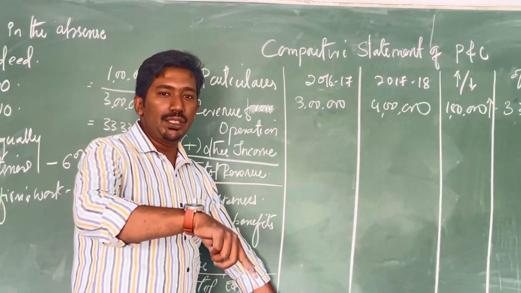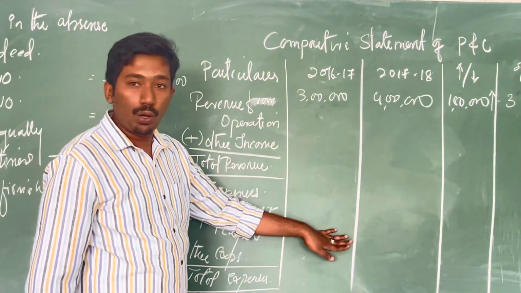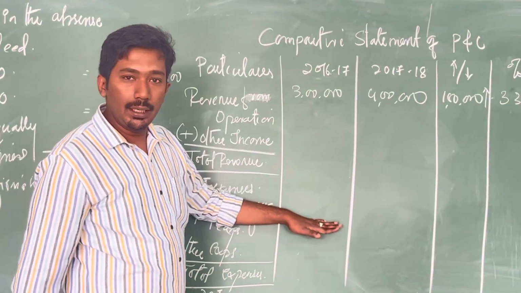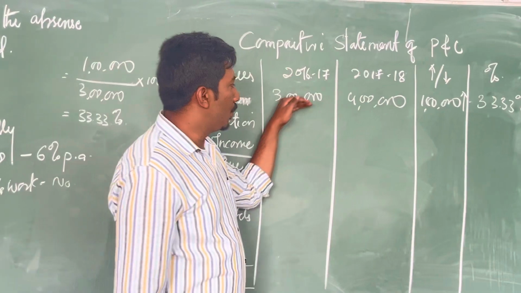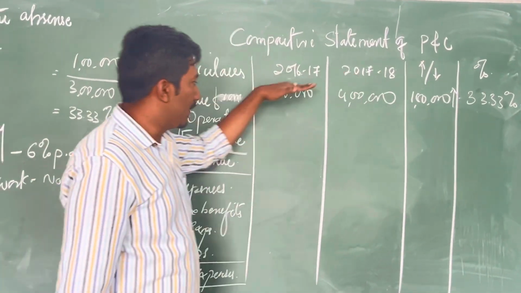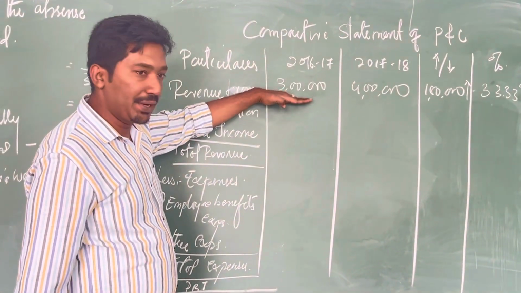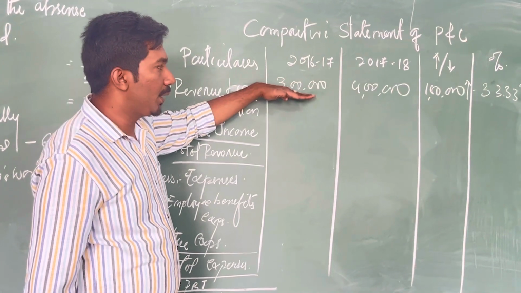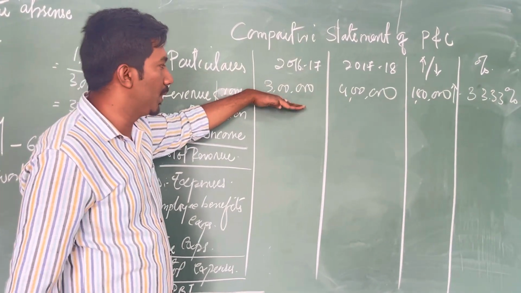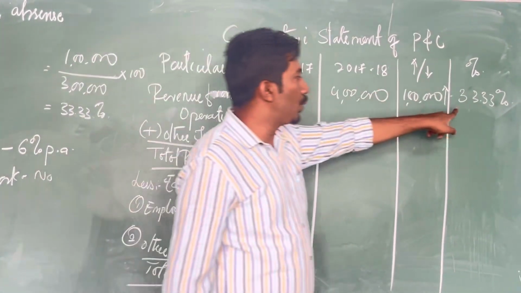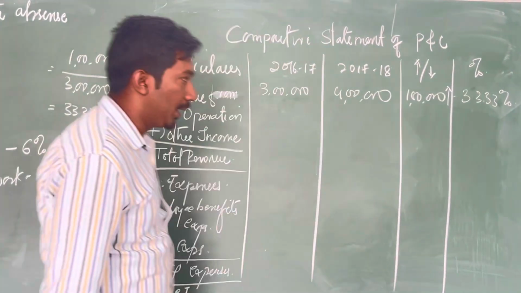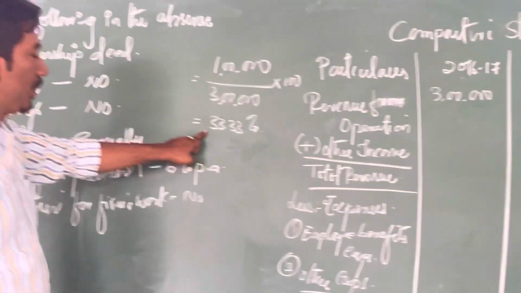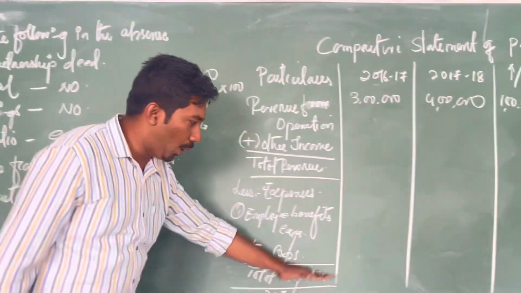Whether it's a balance sheet or a profit and loss statement, this is the method you will follow. We will see the difference first. That difference will be divided by the previous year. You can also call it the base year for calculation of percentage. Base into 100. If you do, you will get 33.33%. Like this I have done, so you will do this for all.